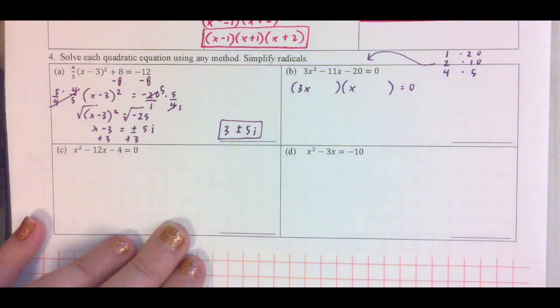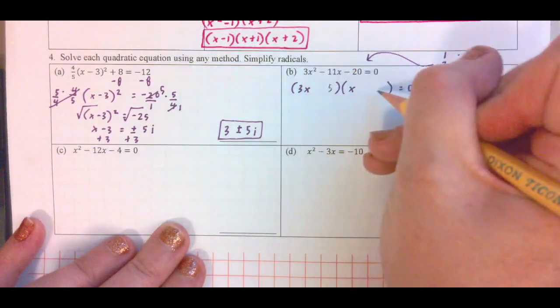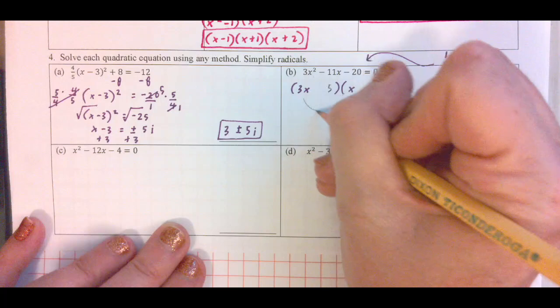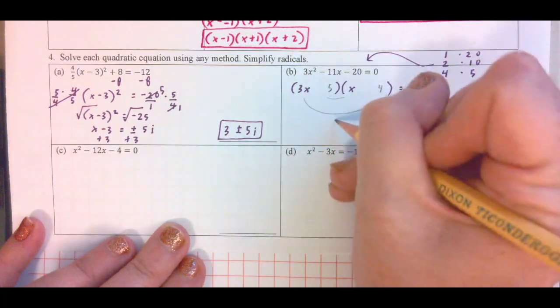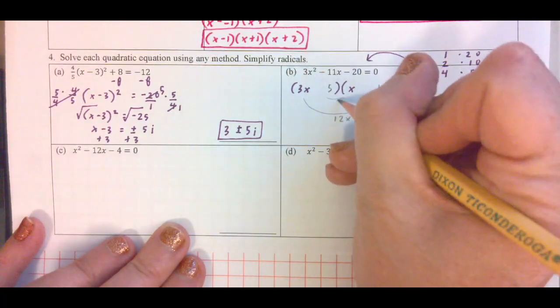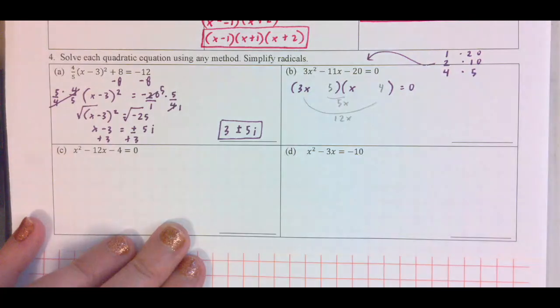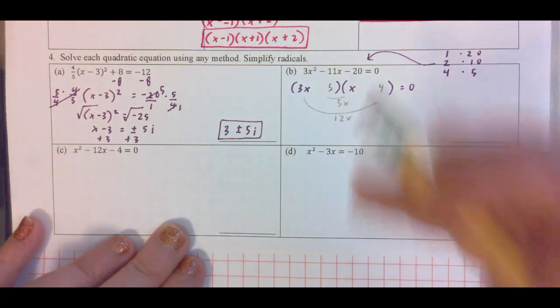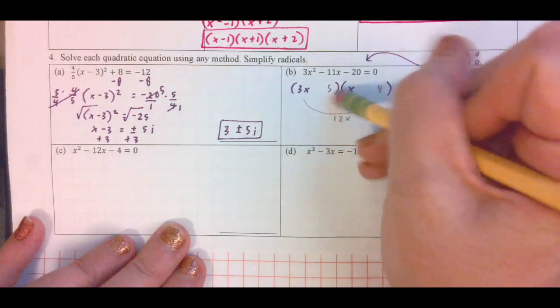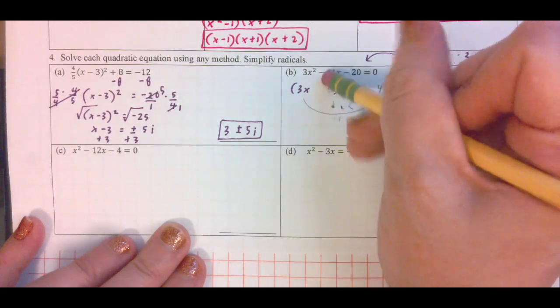So imagine, let me use pencil here. Let's say that I put the 5 here and the 4 here. The outer and the inner, right, would give me 12x and 5x. And even if one of those is negative, it's not going to get me the negative 11x that's in the middle right there. So that means it's really got to be switched.